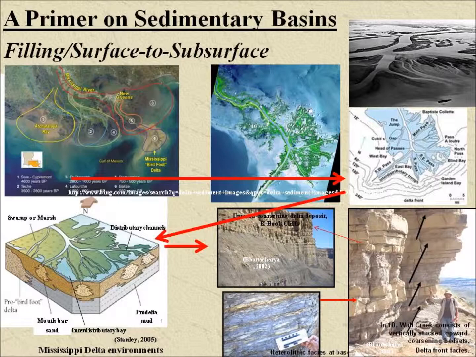So you can see these little bar finger sands are nice little flow units you might get in a Mississippi Birdfoot type delta, and they're generally encased in less permeable mud. So these would be our pipes in general, and that's sort of a model. When you actually look at them in rock, however, you end up seeing something that looks kind of different. So typically, we follow this kind of a trajectory: depositional environment to depositional model, to actual rock, to actual predictions of what would be in the rock.